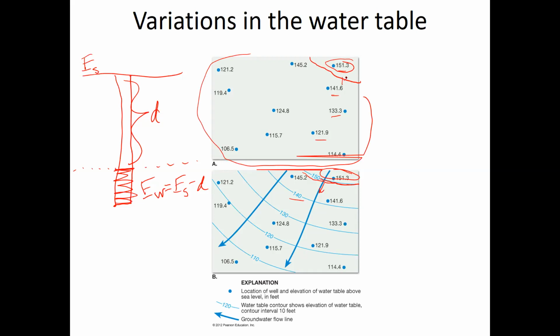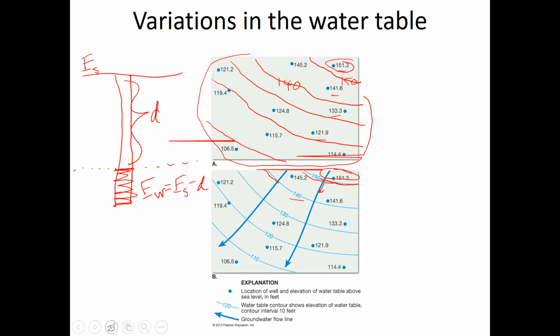So we draw the 150 contour right there. Now we draw a line that separates everything that's 140 or above, and everything that's 140 and below. And that's the 140 contour, which you can see drawn right here. We do the same thing with 130 and 120, right? And then 110. And so we get these elevation contours.